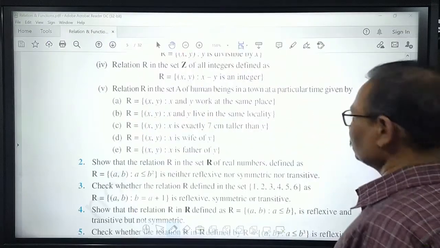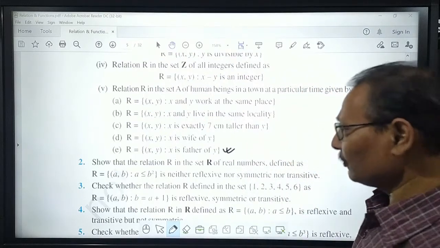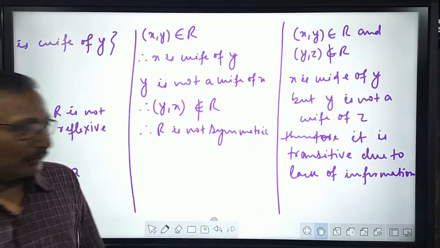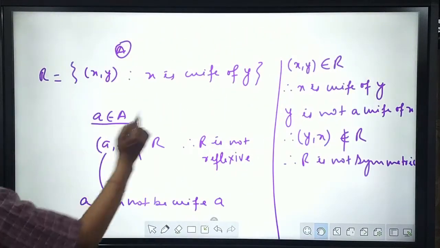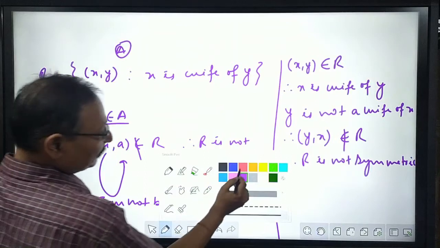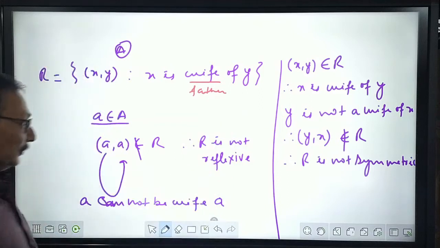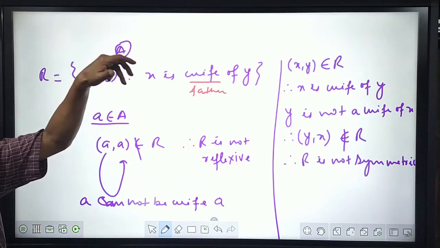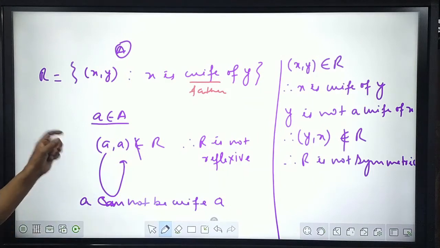And the last question I am going to discuss is about father of y. If we have the situation of father of y, then what will happen? Just think, if in place of wife you write father, then what happens? If you take any element from set A, that means a member of that locality, then that member cannot be father of himself or herself.